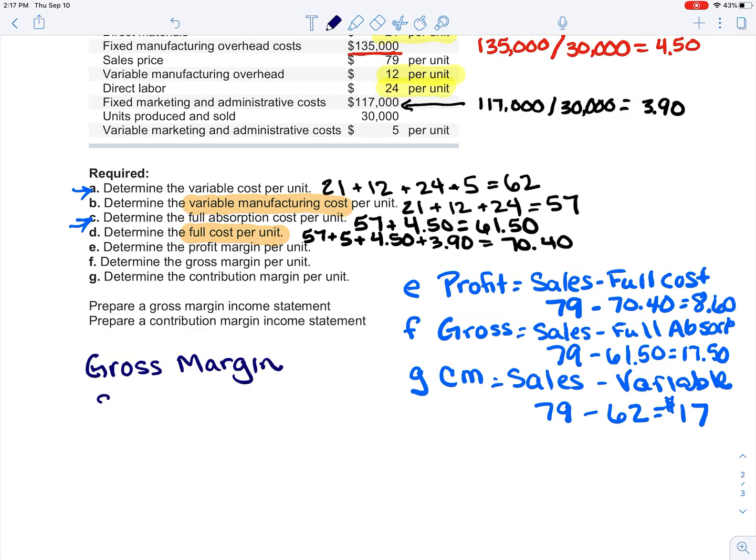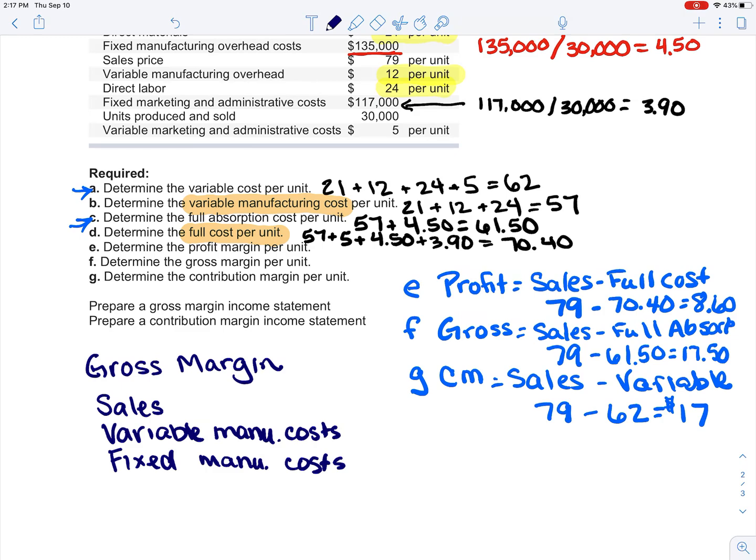For gross margin, you're looking at sales. Then we're going to take out our variable manufacturing cost. I'm going to have to start abbreviating or I'm going to run out of room. Then we'll take out our fixed manufacturing costs to get me that gross margin.